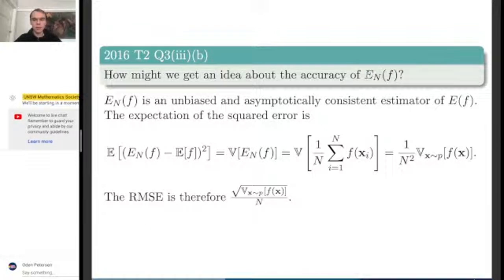One thing that is worth saying beforehand is that the expectation of our estimator is actually equal to the value that we're estimating.